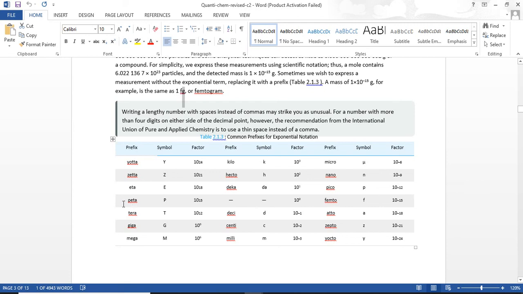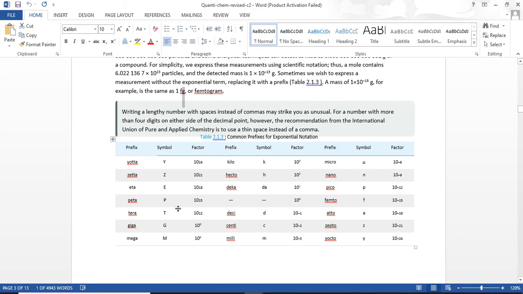For your exa, capital E, it is 10 raised to 18. For your peta, capital P, it is 10 raised to 15. Your tera, capital T, is 10 raised to 12. For your giga, it is 10 raised to 9. For your mega, it is capital M and 10 raised to 6.